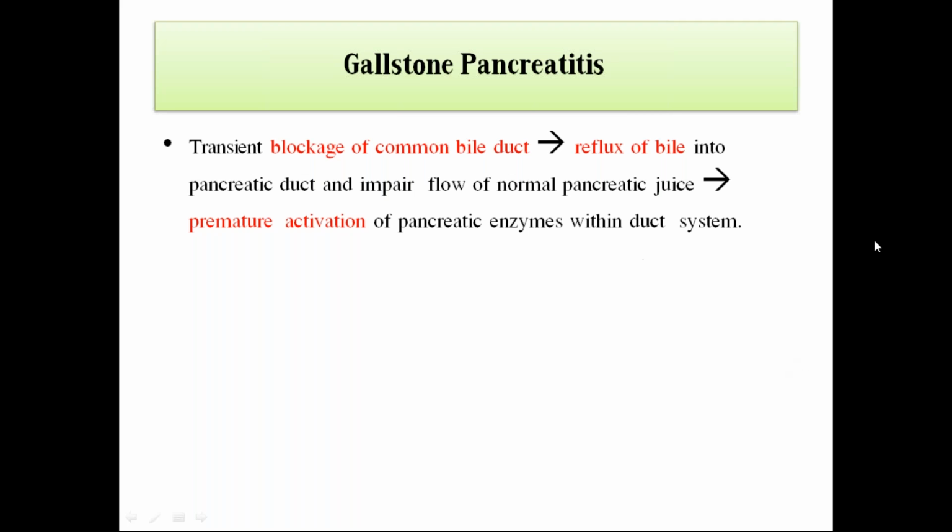Lodging and blockage of the common bile duct and common hepatopancreatic duct secondary to gallstones can lead to a rise in intraductal pressure. The subsequent intraductal hypertension can impair the flow of pancreatic juice, which leads to stasis, and this stasis calls for premature activation of the pancreatic enzymes.